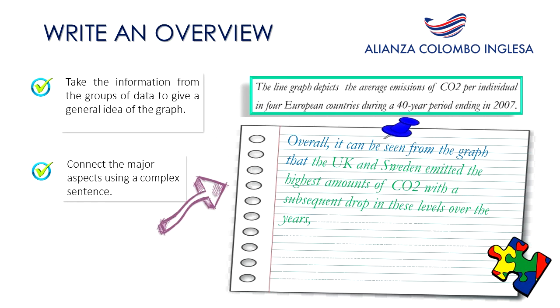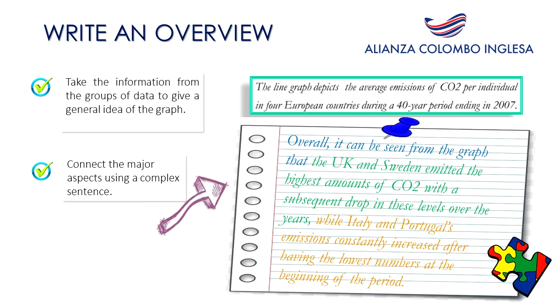Overall, it can be seen from the graph that the UK and Sweden, the members of the first group, emitted the highest amount of CO2 with a subsequent drop in these levels over the years, while Italy and Portugal's emissions constantly increased after having the lowest numbers at the beginning of the period.